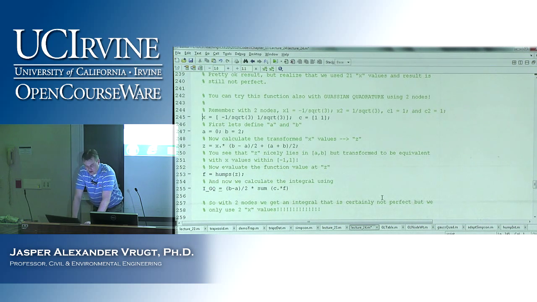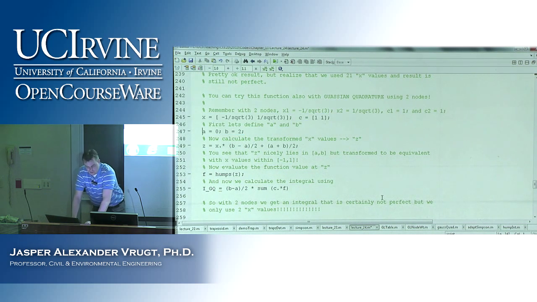Now we could have also done this with Gaussian quadrature. Imagine that we had two nodes, and we know that with two nodes the first node is minus 1 over the square root of 3, the second node is 1 over the square root of 3, and the corresponding weights are 1 and 1.